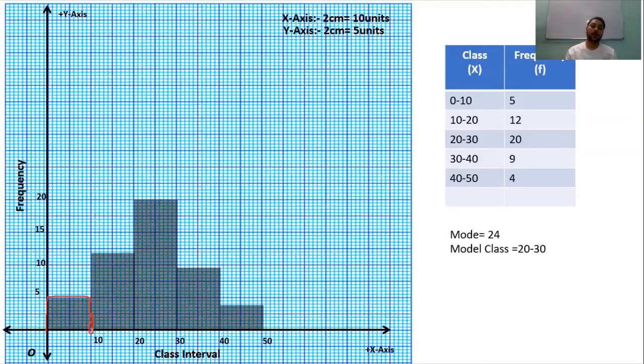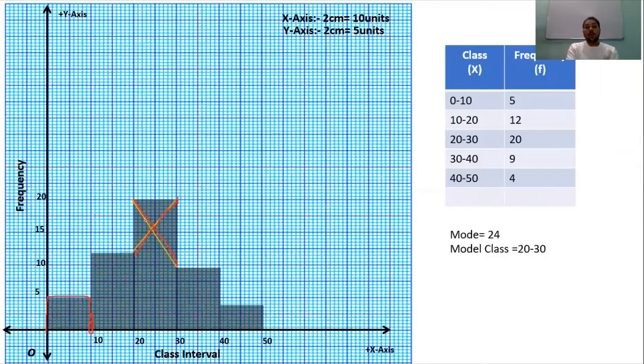First check the biggest rectangle here, and check the corner of this biggest rectangle and join it with the corners of the next rectangle like this. Okay, we'll draw like this.